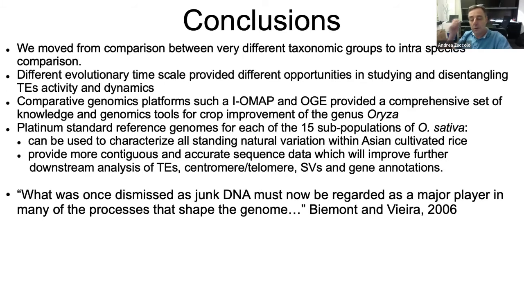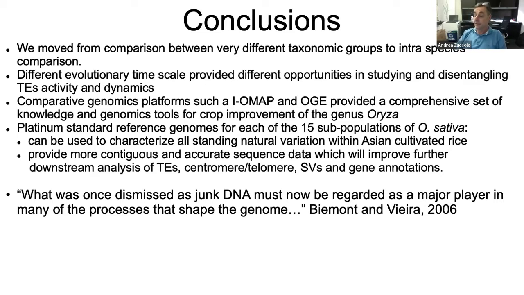So to conclude, basically today we moved from a comparison between very different taxonomic groups to intraspecies comparison. We have seen how different evolutionary timescales provided different opportunities in studying and disentangling TE activity and dynamics. Comparative platforms such as IOMAP and OGE provided a comprehensive set of knowledge and genomics tools for crop improvement.